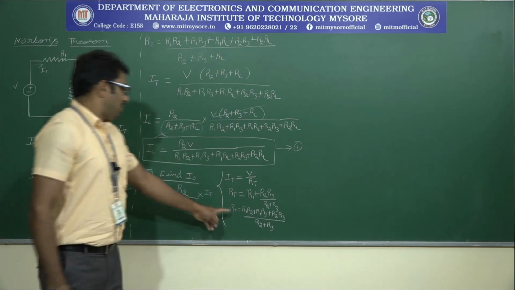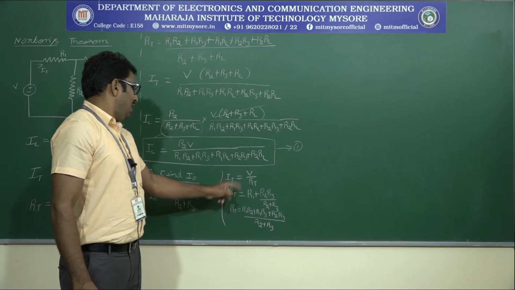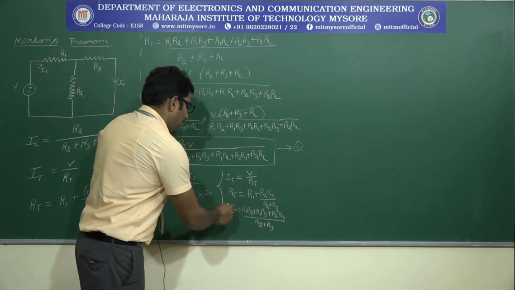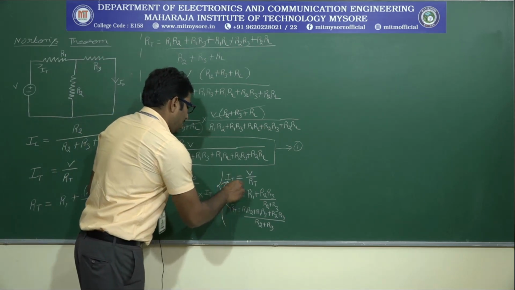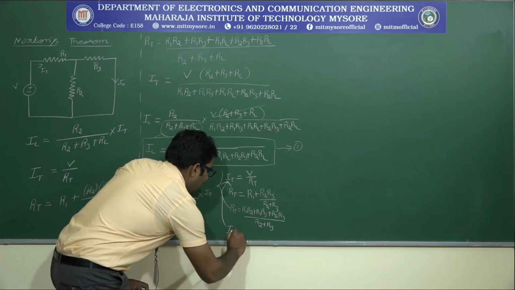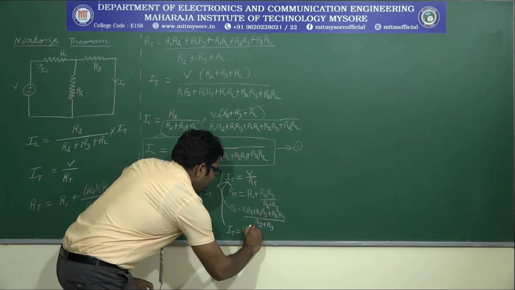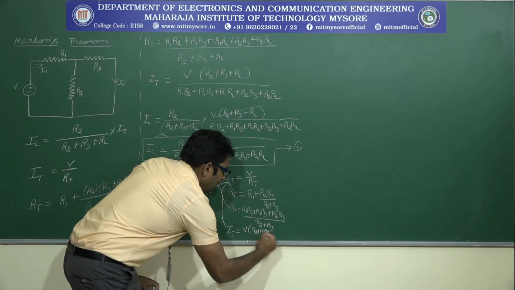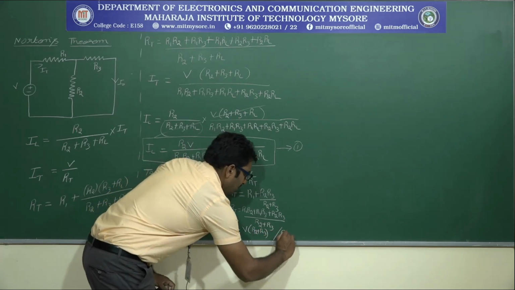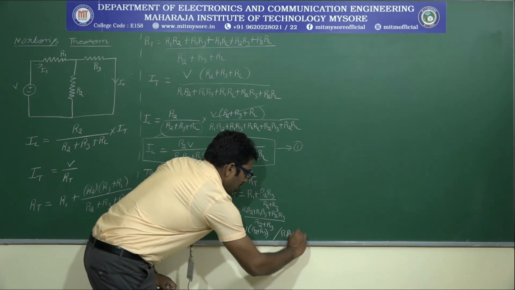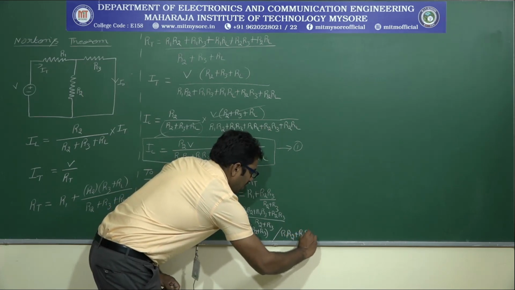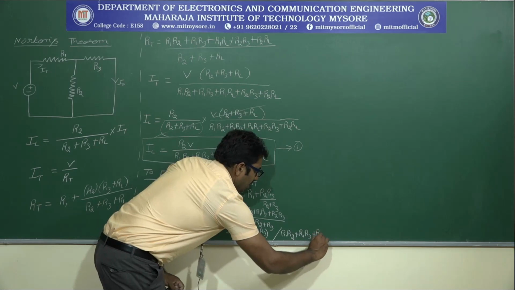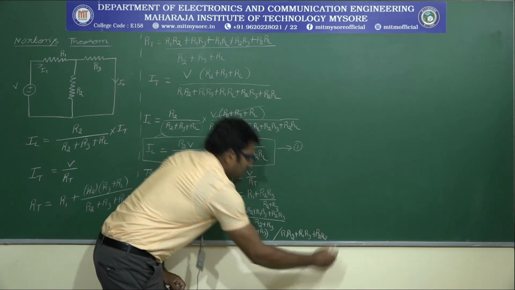Substitute RT in this equation to get IT. Therefore IT is equal to V into R2 plus R3 whole divided by R1 R2 plus R1 R3 plus R2 R3.